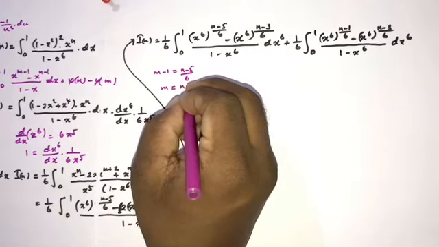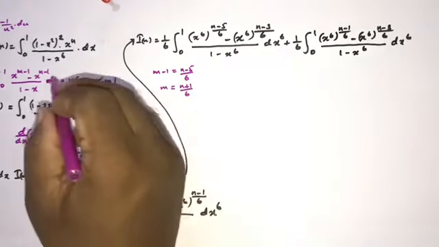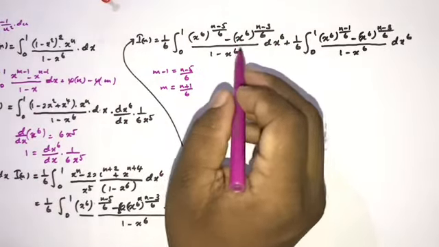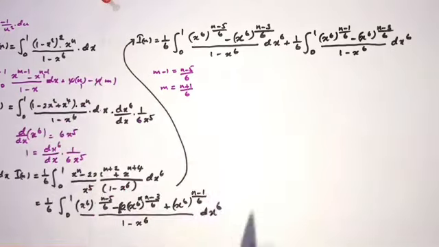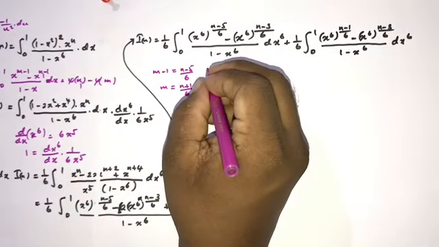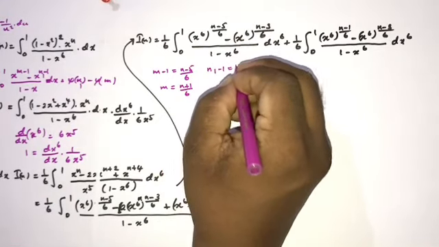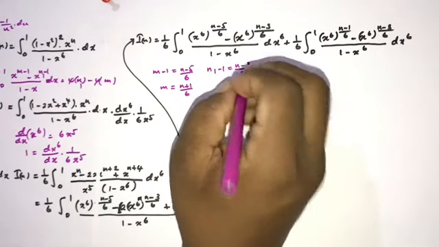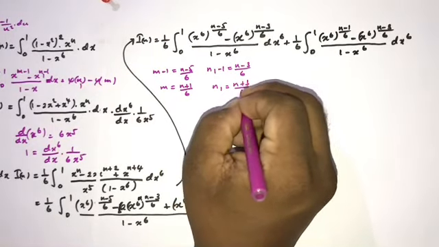And here we should find the n, so I'm going to take here n1. Now we know n1 minus 1 is equal to n minus 3 over 6, so n1 is equal to n plus 3 over 6.